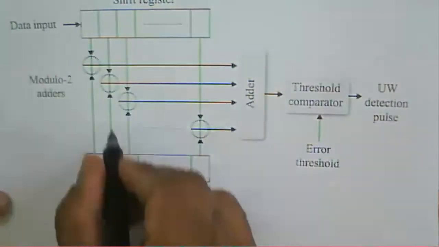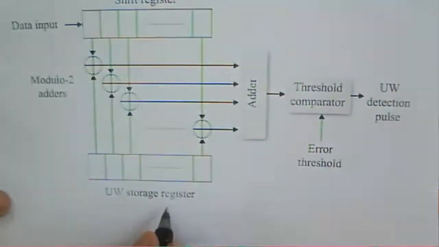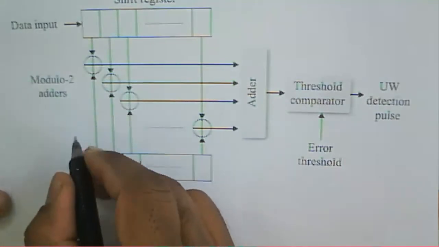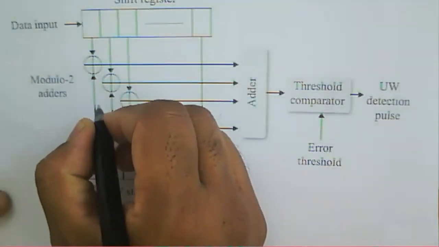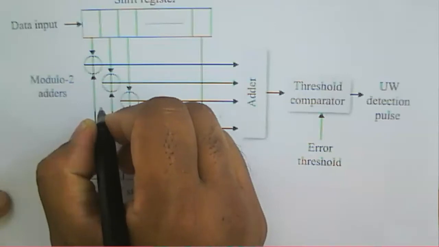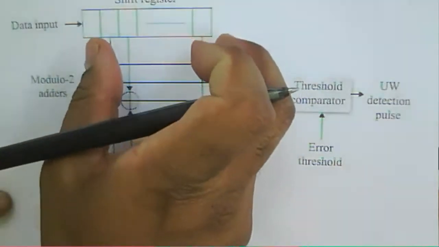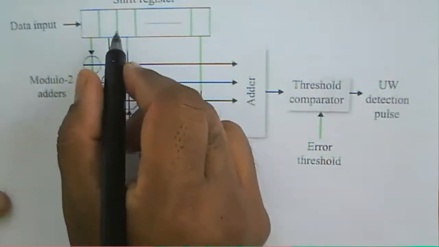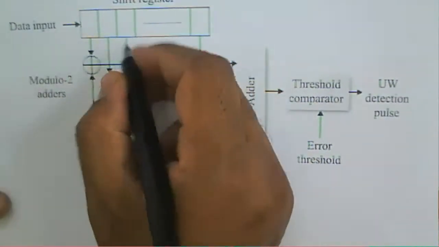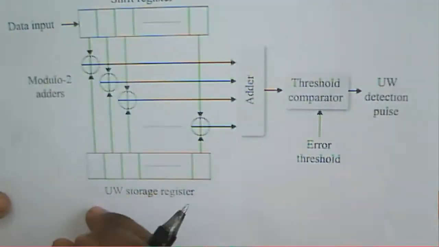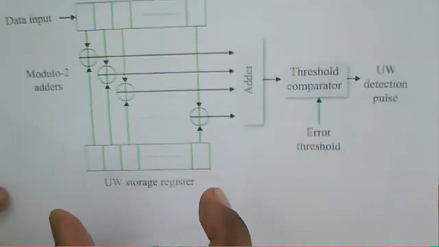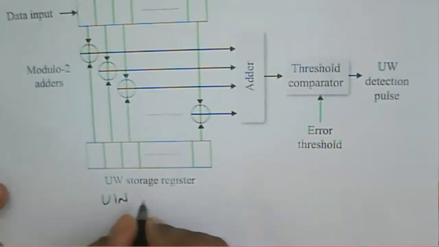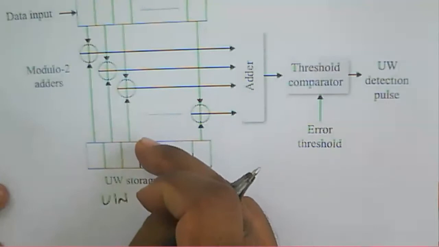So that's why the shift register length and that unique word storage register length are both the same. Whatever the received data, that received data will be shifted through one register and the other register, and that will be stored at this unique word storage register. Okay, this is about a UW storage register or a UW storage symbol.